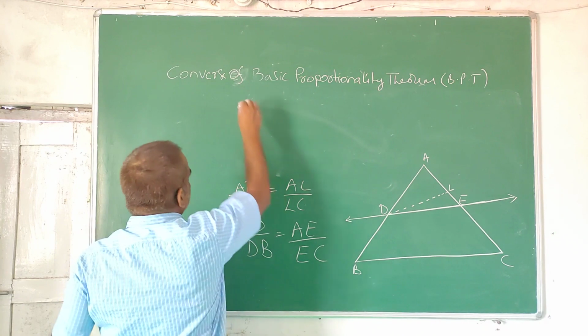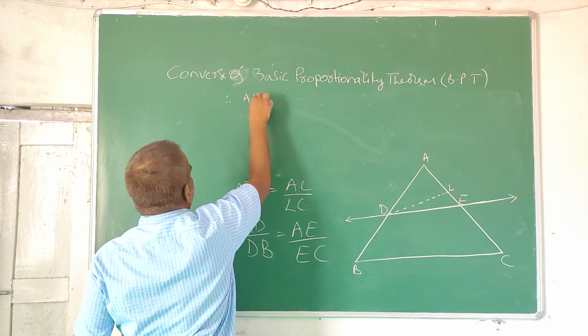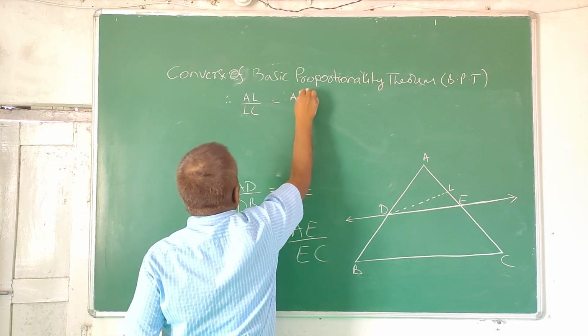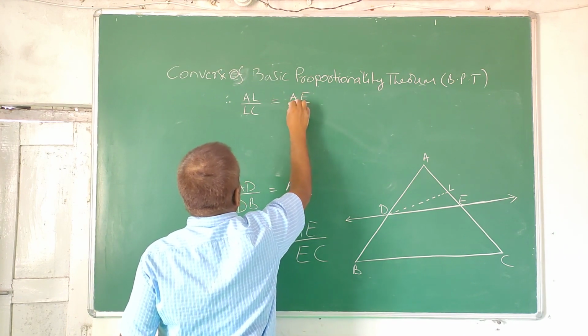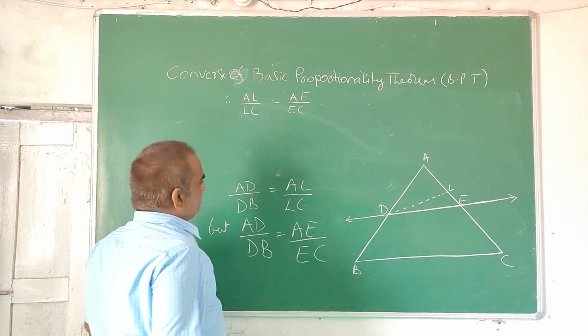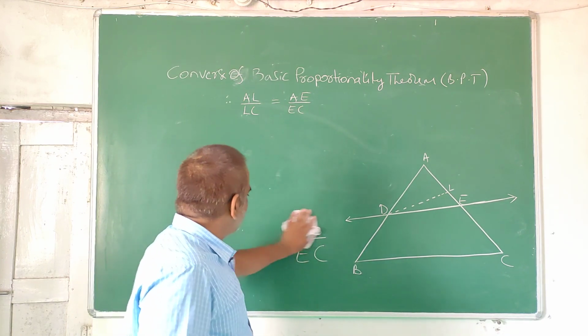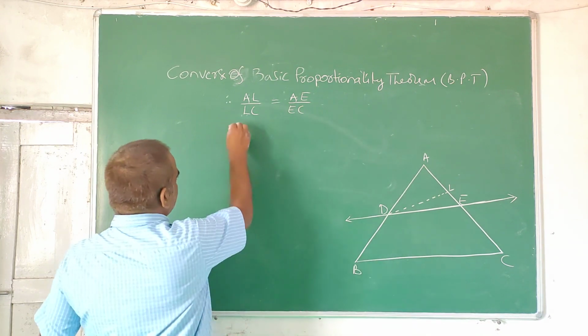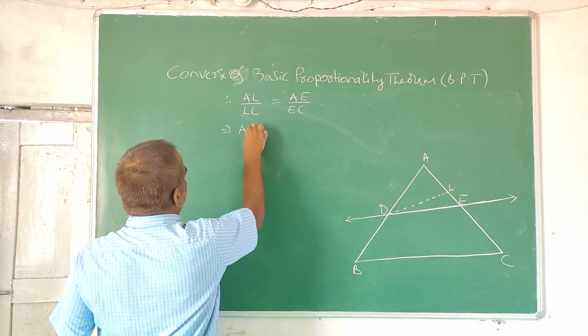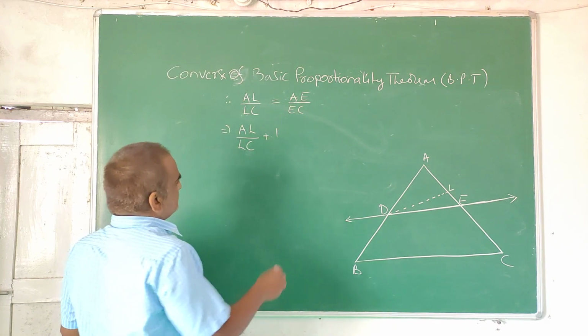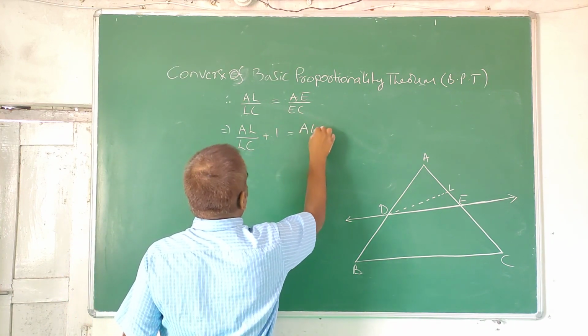Therefore AL by LC is equal to AE by EC. Are you following? So now add 1 on both sides. Adding 1 on both sides, AL by LC plus 1 is equal to AE by EC plus 1.